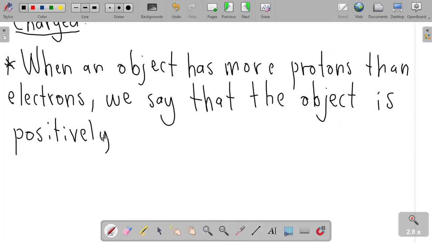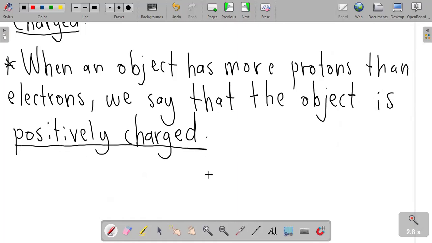So it's the opposite of the previous case. In this case, you have more protons than electrons, and then we say it's positively charged.